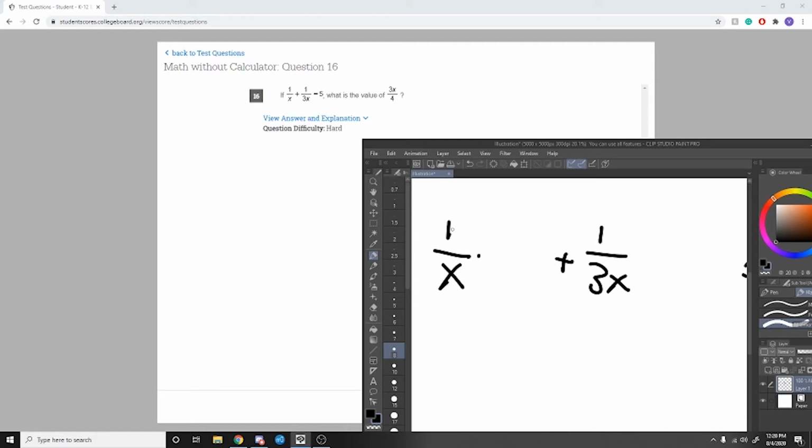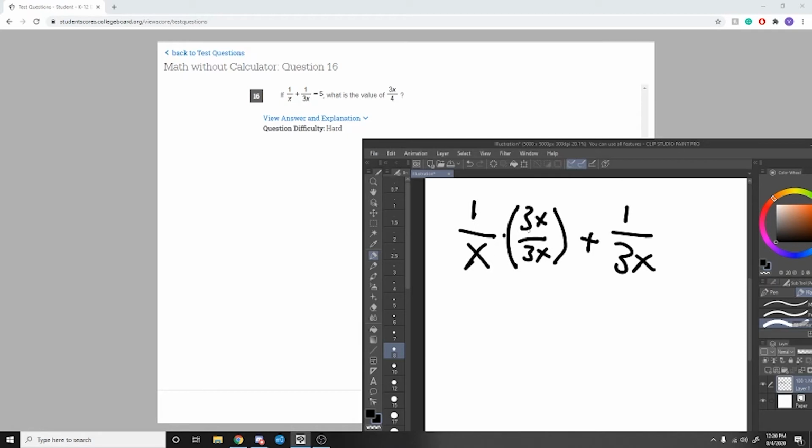For example, 1 over x, you have to multiply that by 3x over 3x. I got 3x over 3x because the denominator of the other one is 3x. And I'm able to multiply it by 3x over 3x because that basically equals 1. So if we multiply this out, it will be 3x over 3x squared.